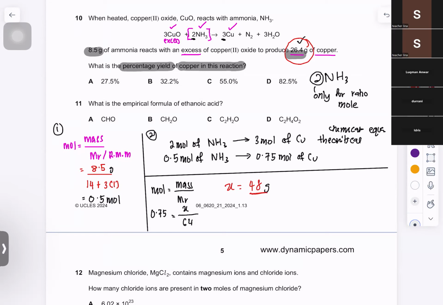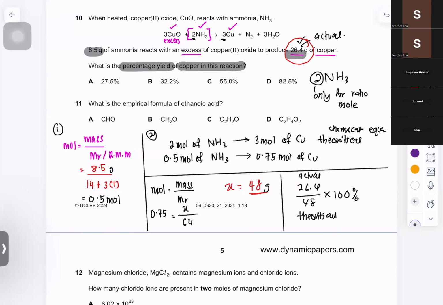Lots of loss. Maybe due to human error, maybe it escaped, maybe it decomposed, we are not sure. To get the percentage yield, the actual from experiment is 26.4, you divide by 48 times 100. Actual divided by theoretical.